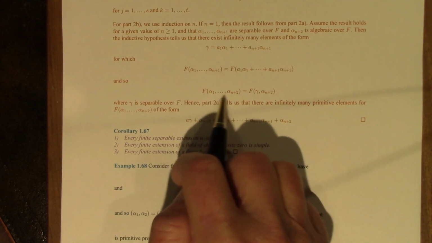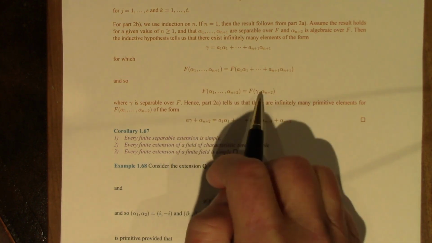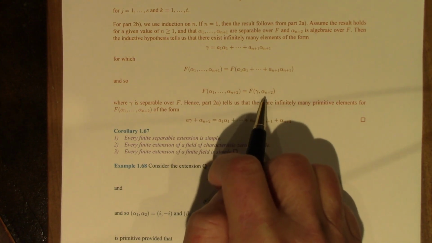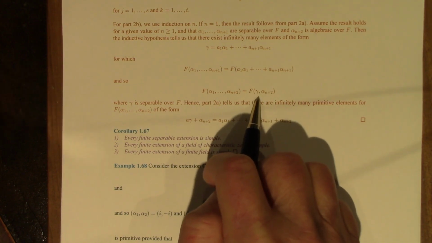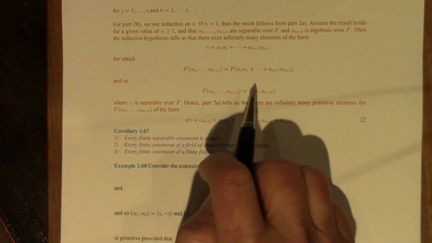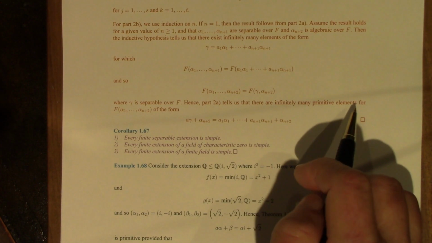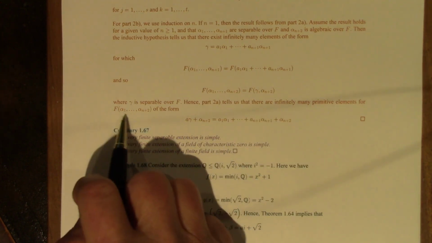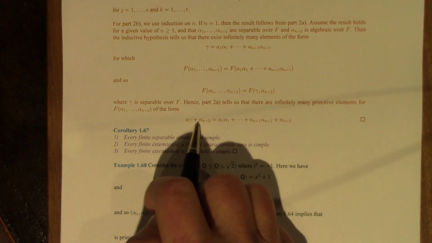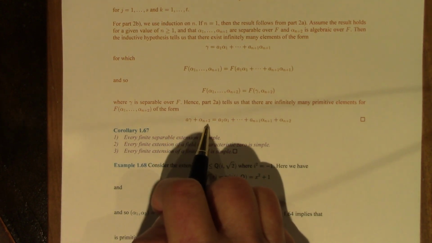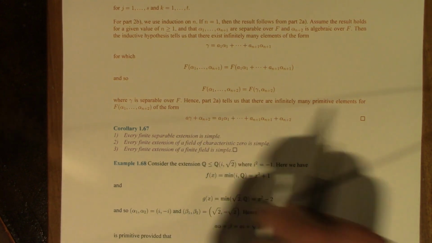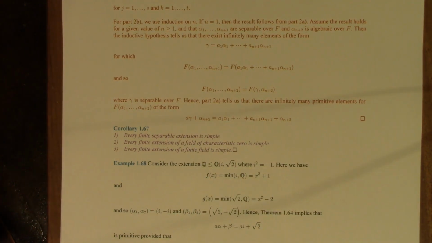So we can write this field in this form, and now we can apply the first part of this to A, telling us there are infinitely many primitive elements for the full field here of the form A gamma plus alpha n plus 2, which is in fact this linear combination of all the alphas.